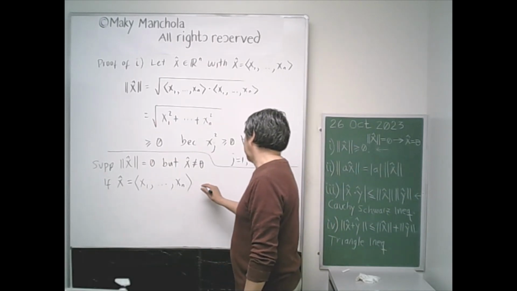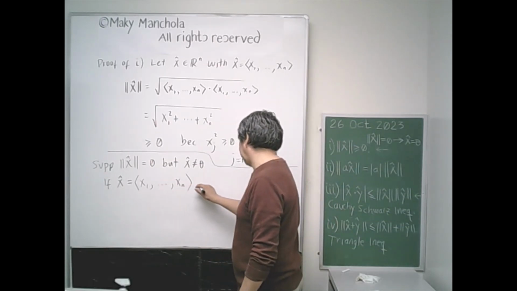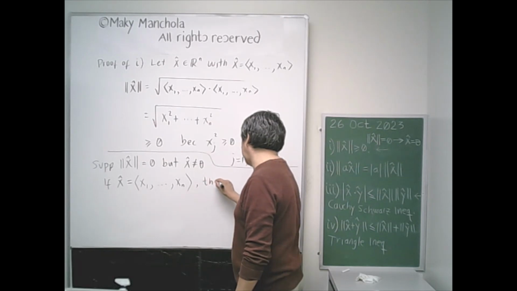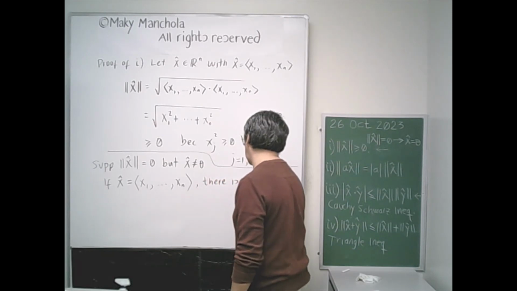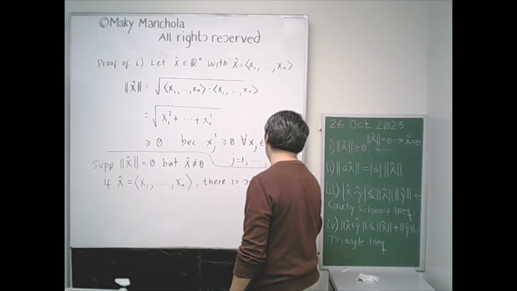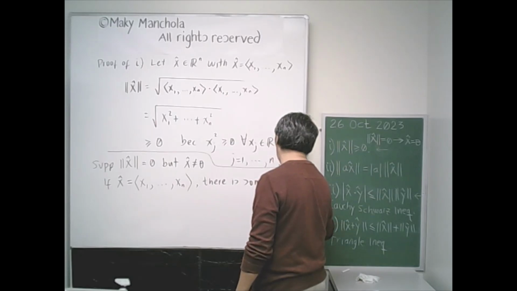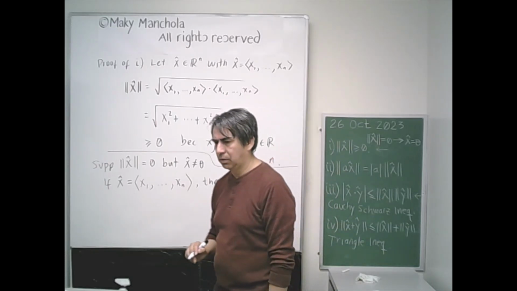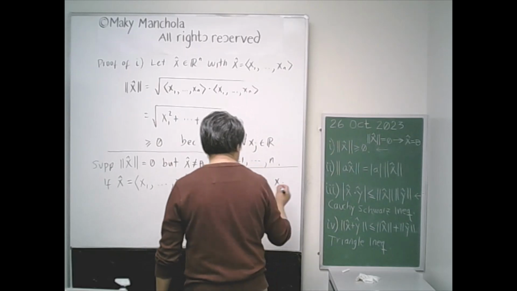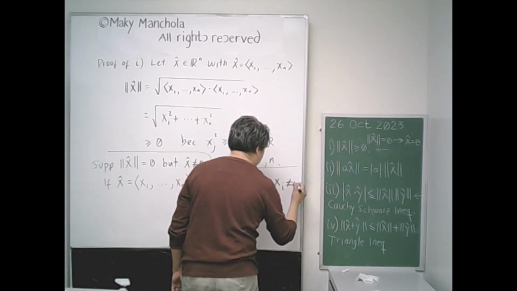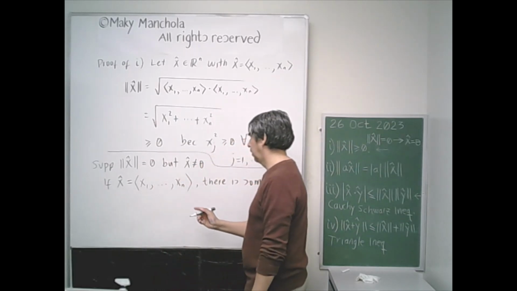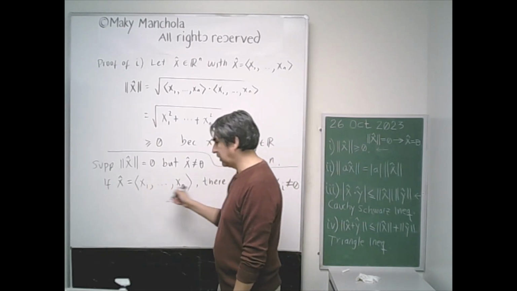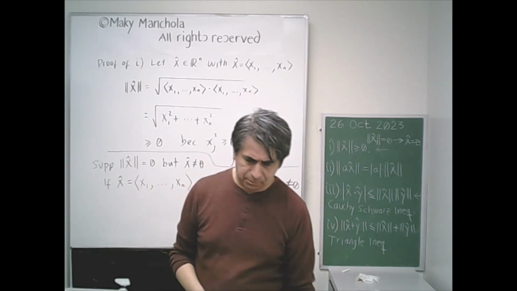So there is some, let's call it xi, different than 0 amongst the entries of x.